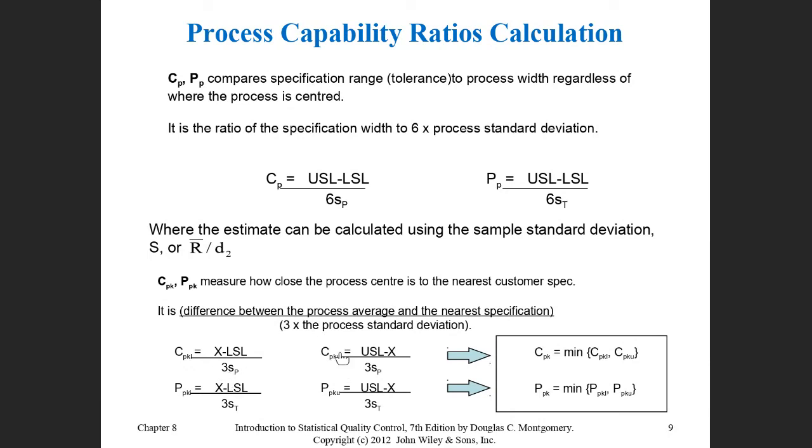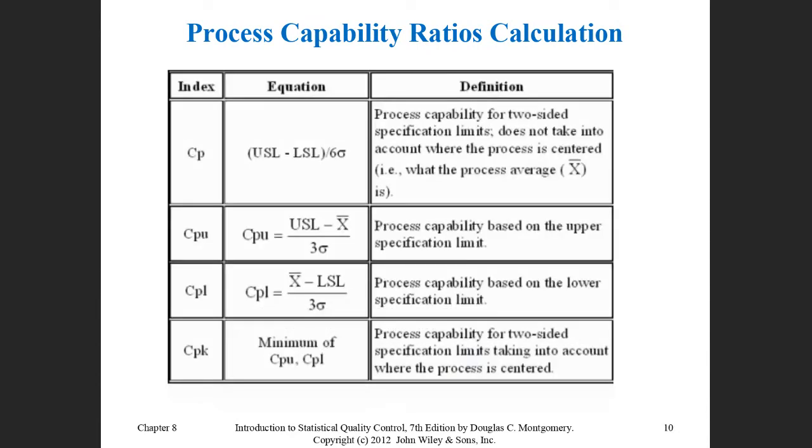And the upper process capability is the upper specification limit minus X bar divided by 3 standard deviations. It is the same for the process performance PPK. After you calculate the lower CPK and the upper CPK, the CPK is the minimum of them, and we will see that now in the examples.